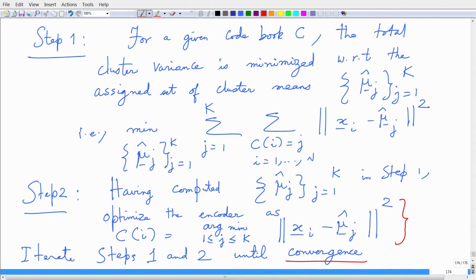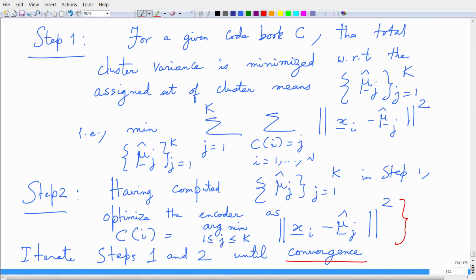So, what it really means is we take this data point, we give it to all these clusters, and whichever gives the least cluster distortion, we assign the data point to that cluster, and we iterate steps 1 and 2 until convergence. Why is that iterative?